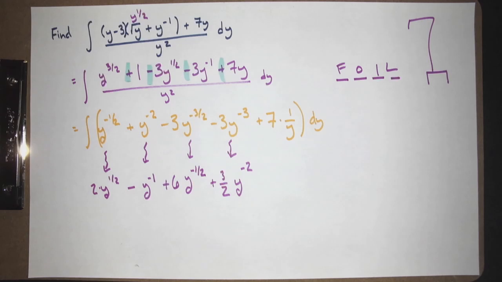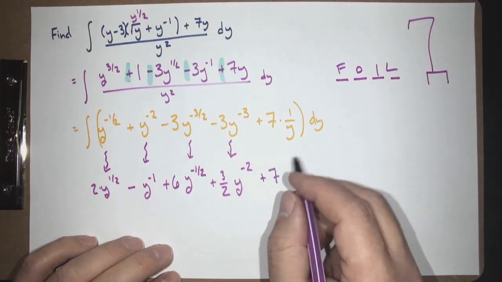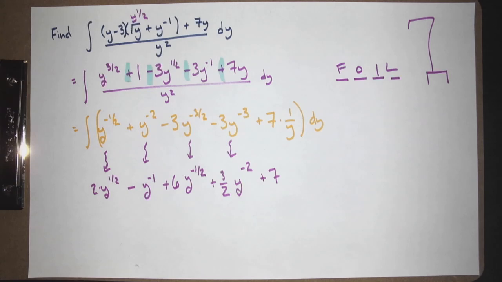+7. Now, why do we treat 1 over y differently? Well, think of 1 over y as y to the minus 1. You're like, oh, just follow the rule. That's y to the 0, divide by 0. And then you're like, wait, what? Divide by 0? No, I don't want that. So that's why you have to do it differently.